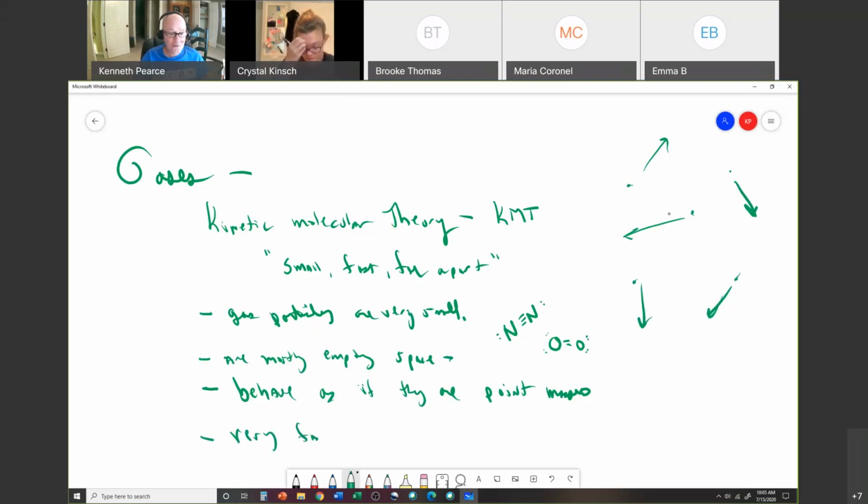And not only that, but they're very fast and move randomly. These little green dots, they're going all sorts of directions, but they're going pretty quick too. How fast are they moving? We will calculate how fast these are moving. For the air in the room that you're in right now, it's roughly about 550 meters per second.